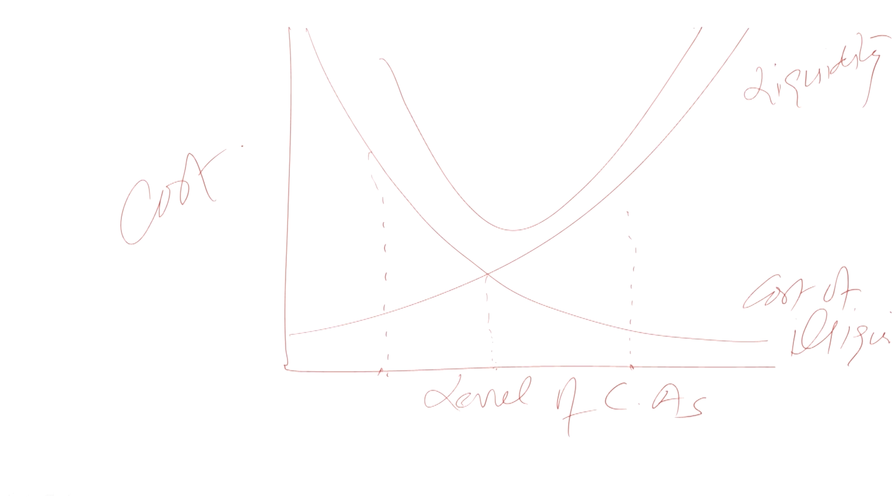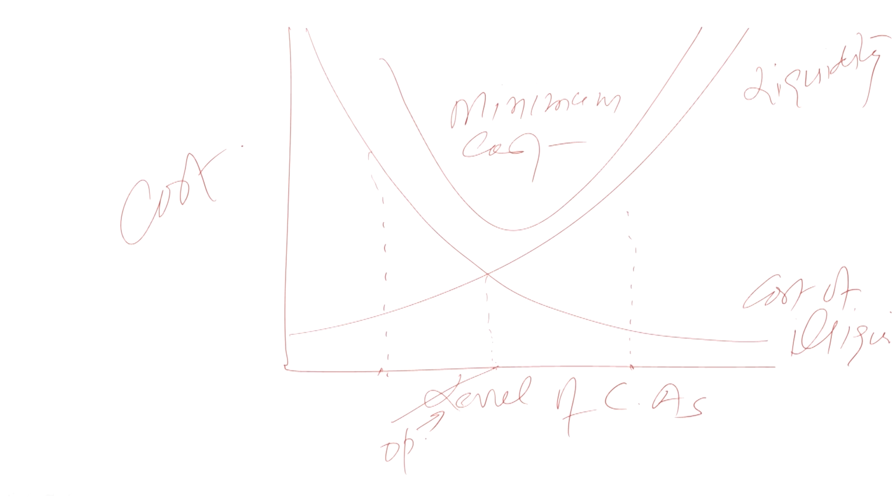This is the minimum cost, and this is the optimum level of current assets. Here my cost of liquidity is up to this level, my cost of illiquidity is up to this level. So if I am coming down, I stop here, and if I am going up, I stop here, and this is the optimum level of current assets.